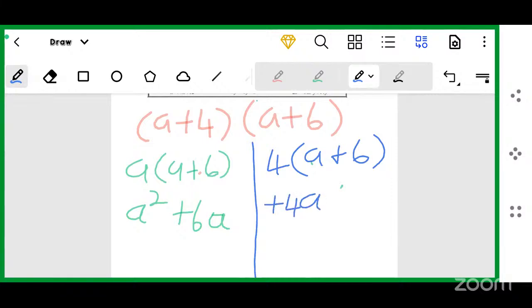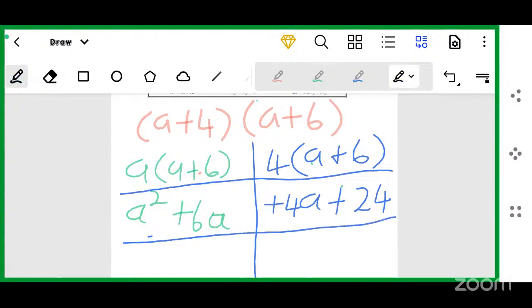And what is 4 times 6? Ma'am, it's 24. Okay, and then we say our plus 24. So we put this together.